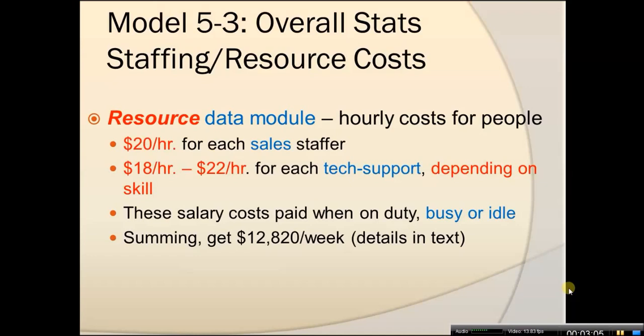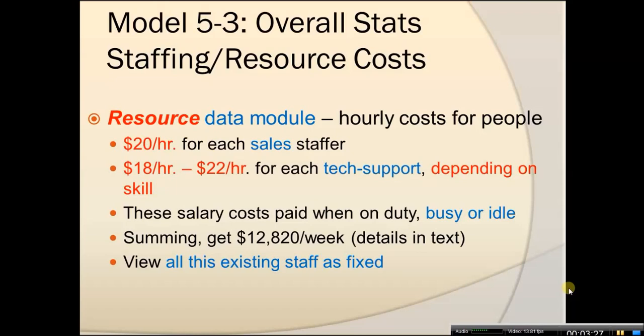And so if we sum those up, then together these costs would be $12,820 per week. If you want to check, you can see more details in the ARENA textbook on how to compute that.